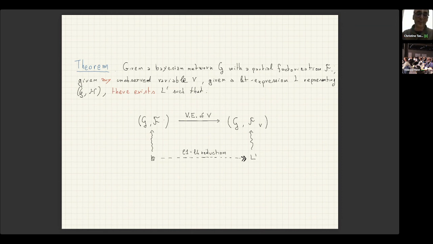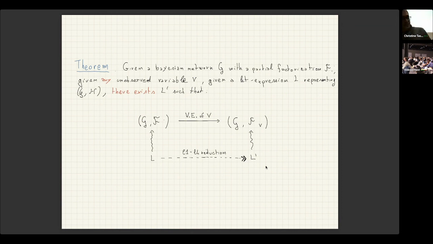And you can prove that if you take a let term that represents this factorization, by using these 4 reduction rules, you get a let term representing the factorization given by the variable elimination algorithm. And this theorem is constructive in the sense that we give a reduction strategy that produces from L this L prime.